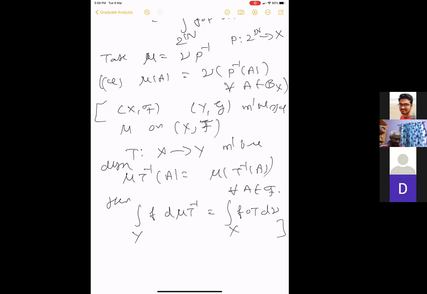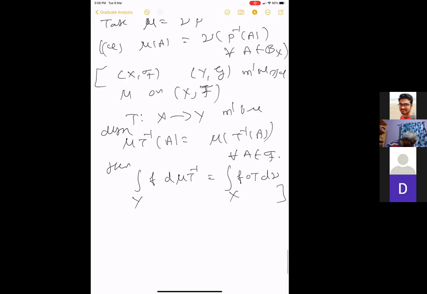Then any positive function can be approximated by simple functions. It's trivial; check this, it's an exercise.